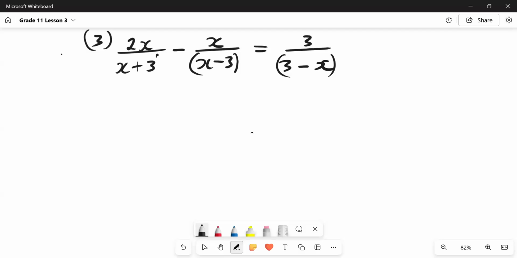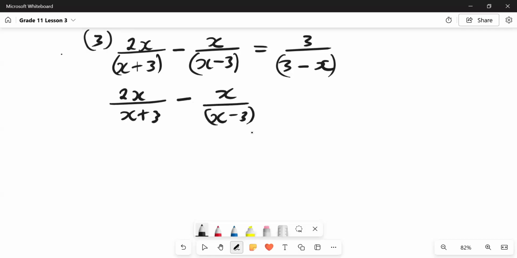So you have your 2x over x plus 3 minus x over x minus 3. When you take out the common factor, that sign will be affected. So you'll have your negative 3 over, now it becomes x minus 3, right?